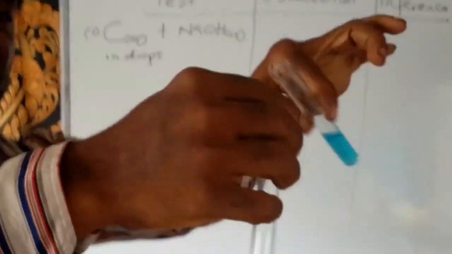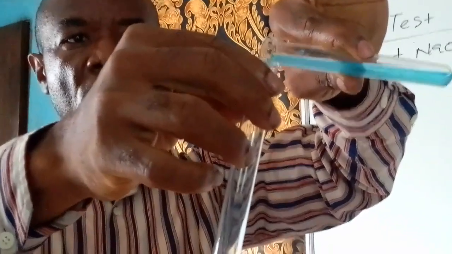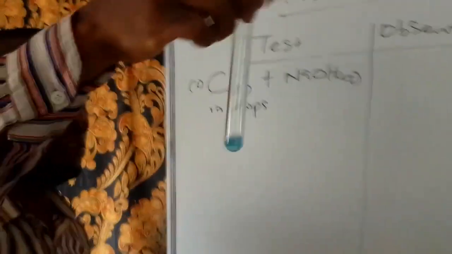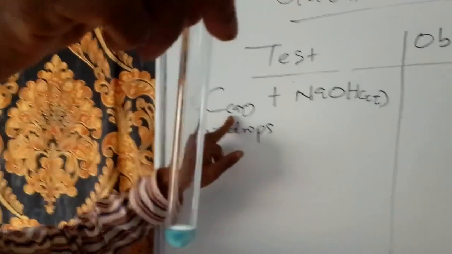There's some water there, empty it. So that is it, collected in a clean test tube. We'll now keep the bigger one and continue to test the small one. So what I'm having now is our salt aqueous, a little amount of it.